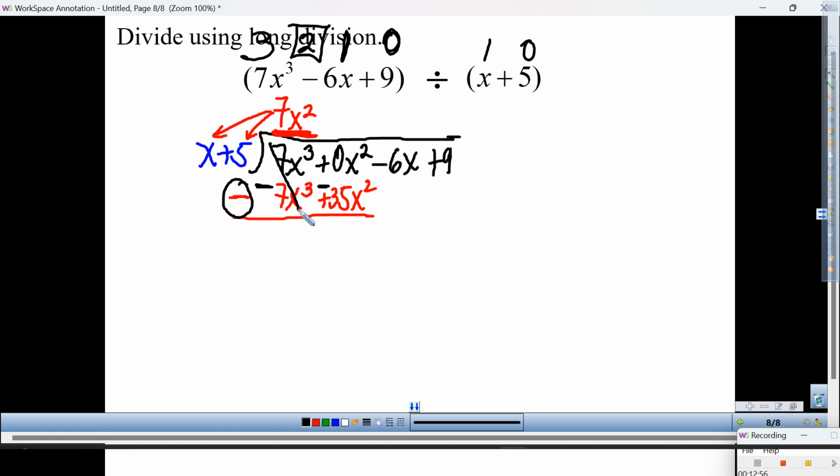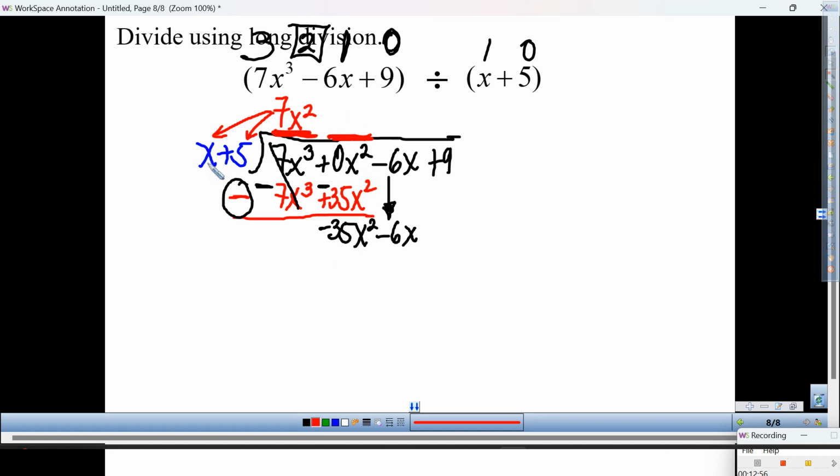So, these cancel. What is 0 minus 35? Negative 35x squared. Bring down the next term. Negative 6x. All right? And we start all over again. What number times x gives me negative 35x squared? Tell your neighbor.